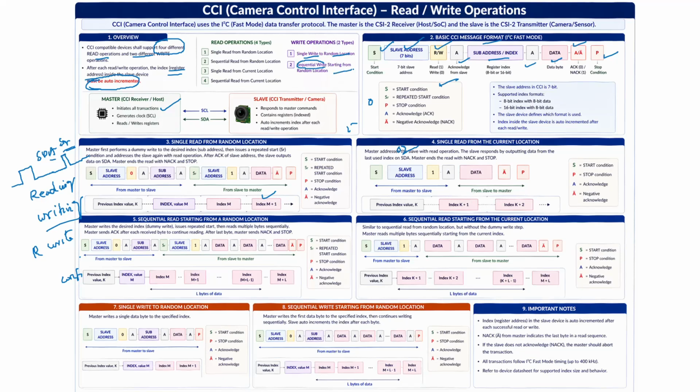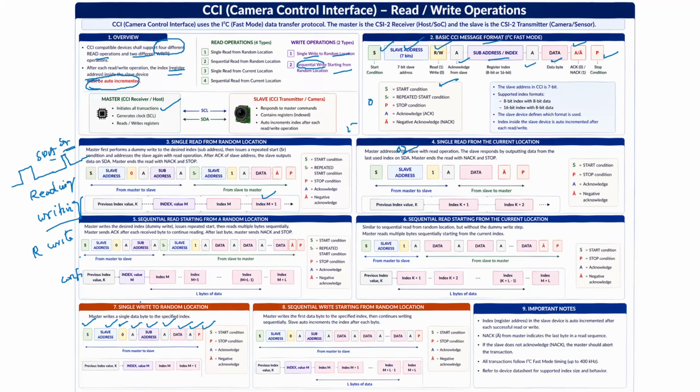For that we have write messages. So what is the message format? Again, start bit, slave address, then the read or write operation bit, then acknowledgement, sub address, again acknowledgement, then the data you are sending, acknowledgement, and stop bit. This is the basic write operation.